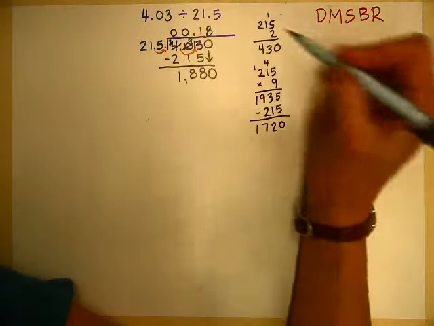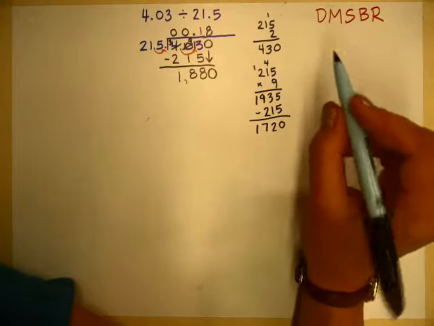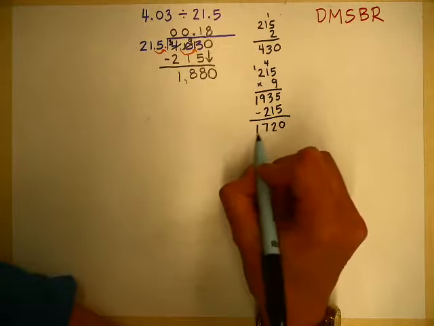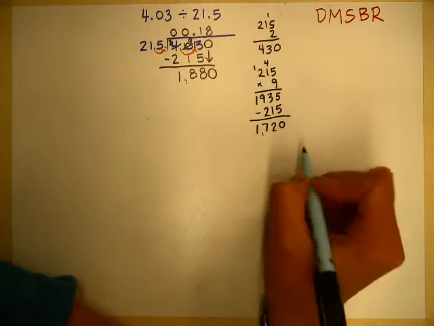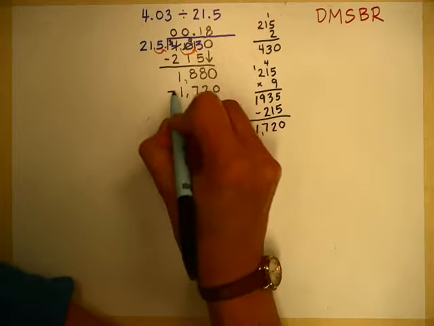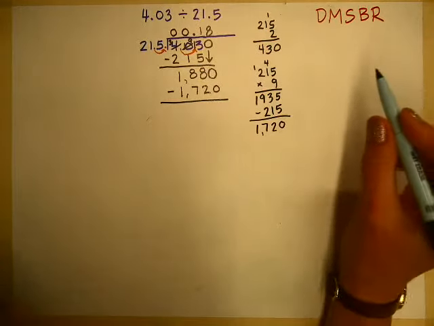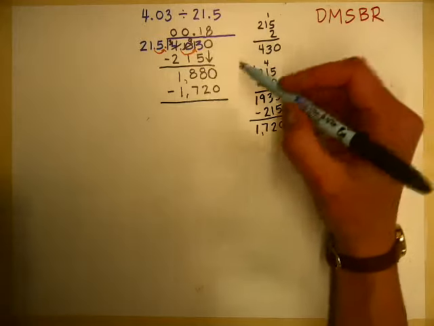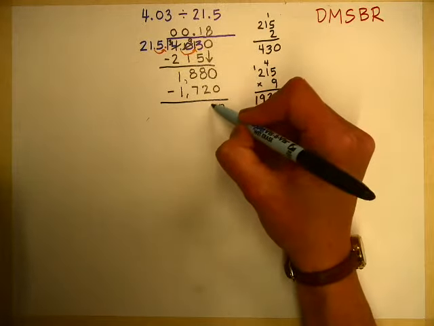So we put the 8 up there. Excuse me. Now I'm going to subtract 1,880 minus 1,720. Okay. Ooh, I don't have to regroup this one. Hurrah.